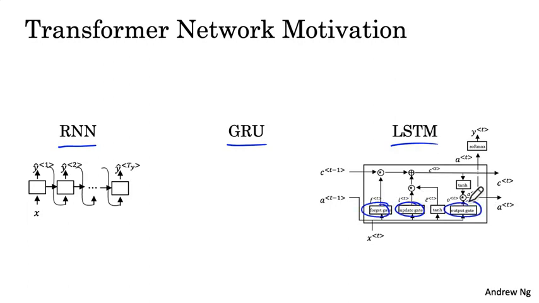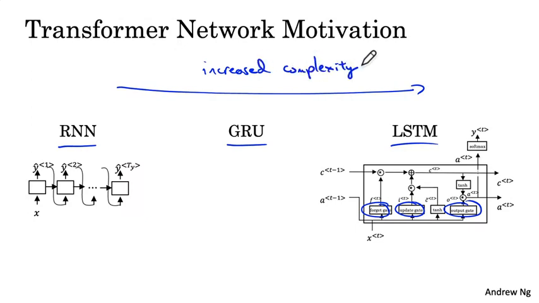And so each of these units had a few more computations. While these additions improved control over the flow of information, they also came with increased complexity. So as we move from RNNs to GRUs to LSTMs, the models became more complex.